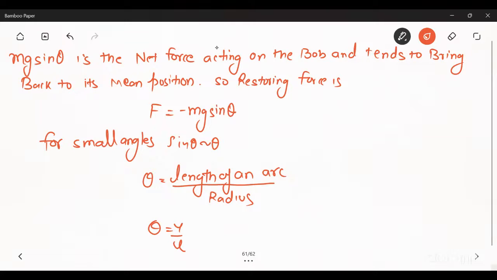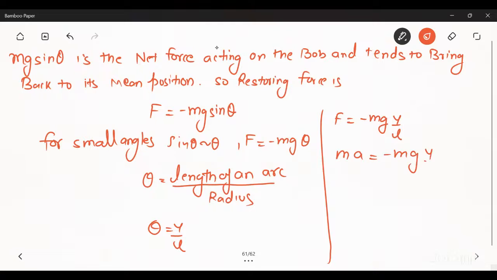So I can put minus mg theta in place of minus mg sin theta, and the value of theta is y by L. So F is equal to minus mg y by L. We know that m into a is the force, so m a equals minus m g y by L. m is cancelled by m.